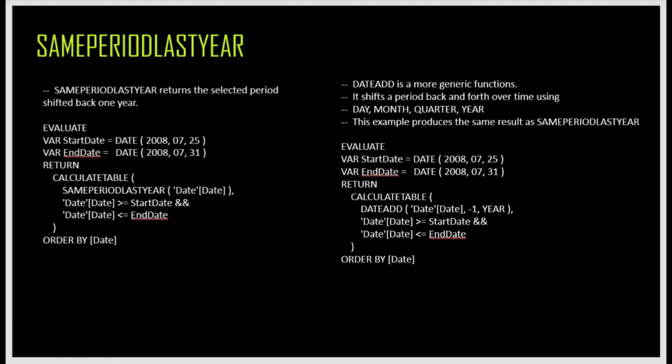Like I said, same period last year's implementation is internally doing DATEADD. So you can see that this is equivalent to using this function where we specify the DATEADD function with an offset of -1 and year as the interval, and specifying the start date and end date. So both of these functions will produce the same result.